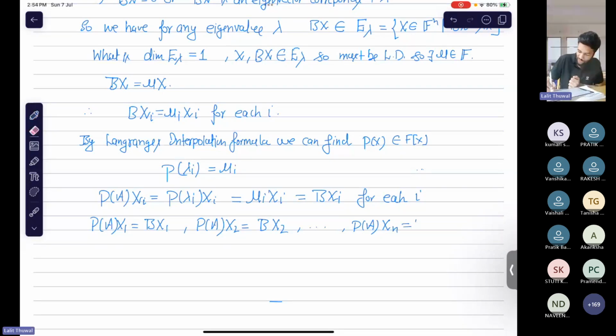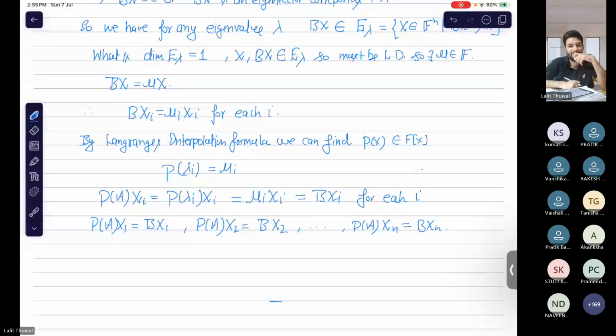Now can any one of you solve it further? I mean, can any of you extract the result? Just one step is left. So what we have? Two matrices. Yes, please. Sir, since x1 is a non-zero vector, PA minus B has to be 0, and so B is a polynomial in PA.